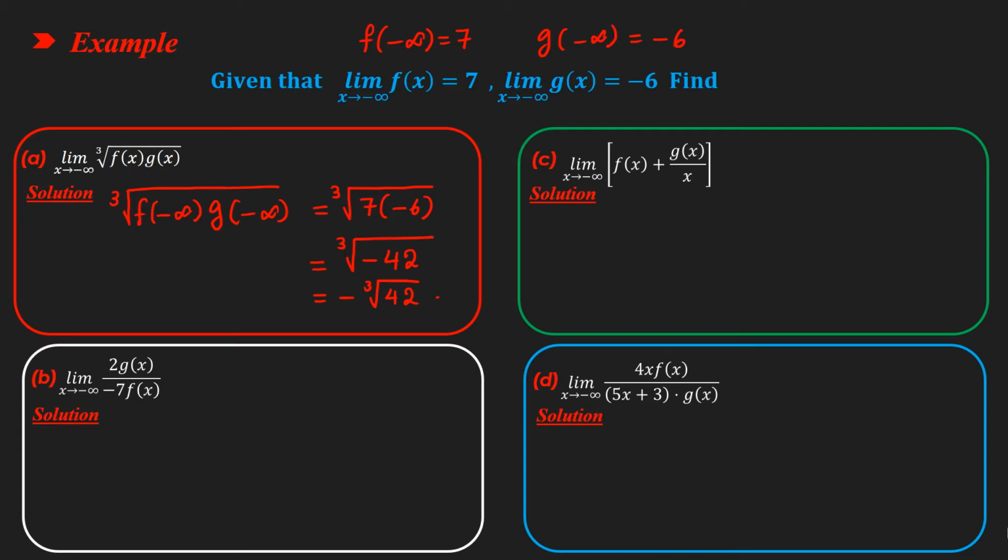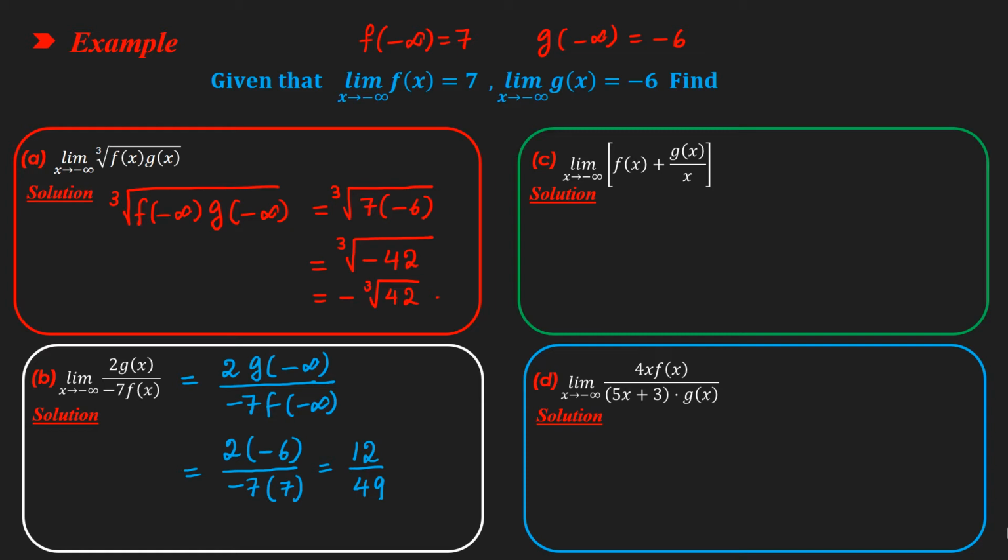Also by direct substitution we have 2 times g of negative infinity divided by minus 7 times f of negative infinity, and this equals 2 multiplied by g of negative infinity, which is negative 6, divided by negative 7 multiplied by f of negative infinity, which is 7, and this gives us 12 divided by 49. This fraction is in simplest form, so this is the final answer of part B.